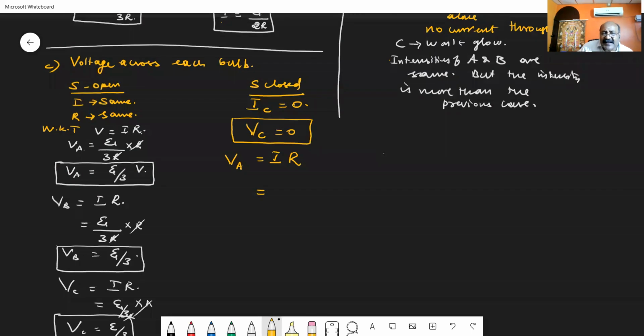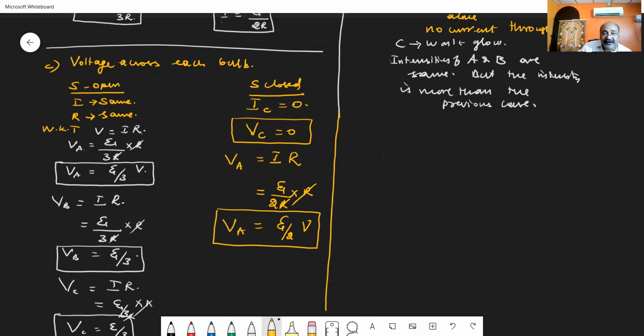So I is E divided by 2R, into R. R cancels, so the voltage across A is E divided by 2 volts.